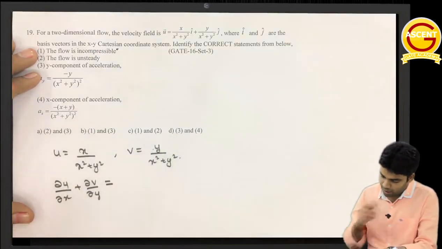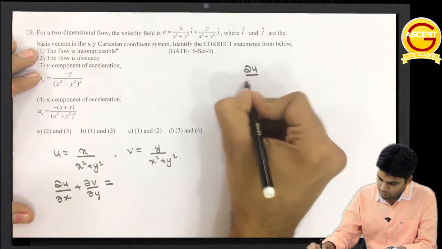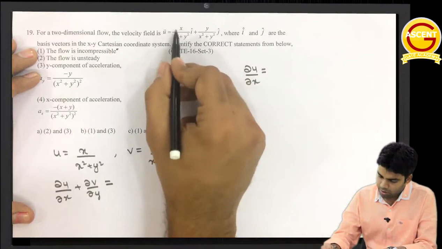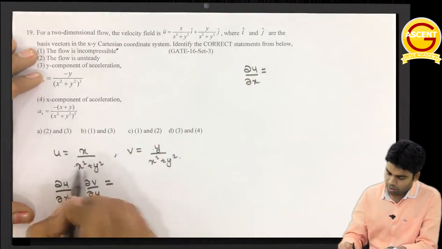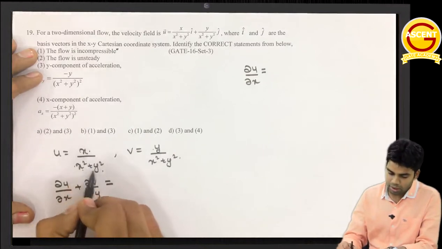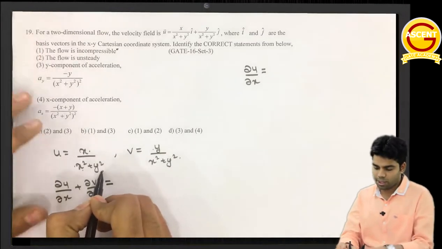So this will be equal to what? Del U by del x. Now just determine the terms here. What will be del U by del x? U is x divided by x square plus y square. For del U by del x, we use denominator times d by dx of numerator minus numerator times d by dx of denominator, divided by denominator square, as we know the differentiation process.